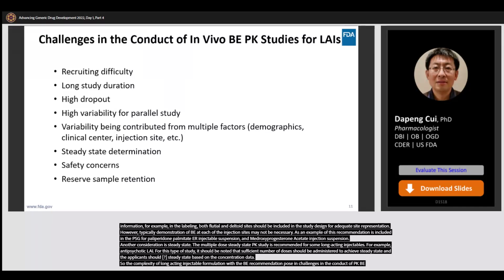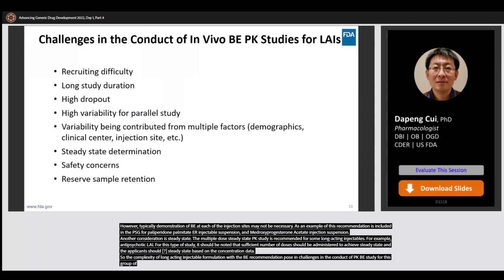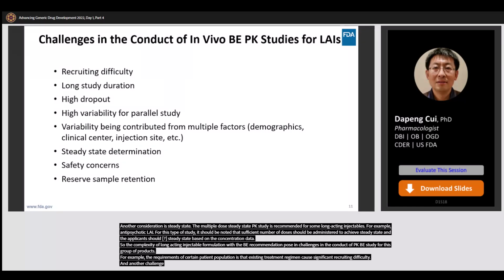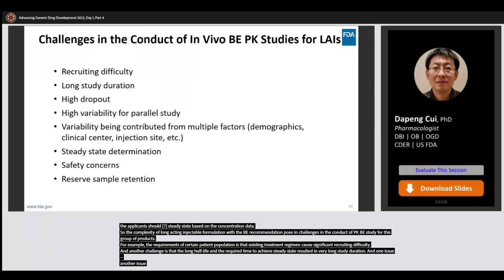For example, the requirement of a certain patient population and their existing treatment regimen cause significant recruiting difficulty. Another challenge is that the long half-life and the required time to achieve steady state result in very long study duration. Another issue associated with patient studies with long duration is the high dropout rate.